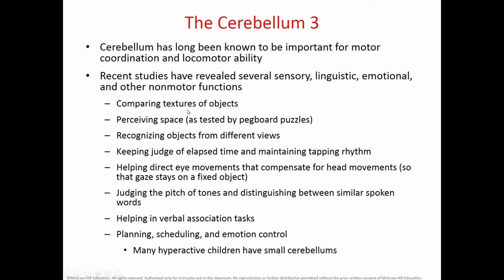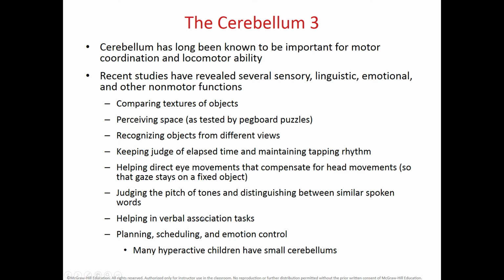So it helps to compare textures of objects, perceive space, recognize objects from different views, and keep judgment between tapping rhythms, and also helps direct eye movements that compensate for head movements so that the gaze stays on a fixed object as you move the head.